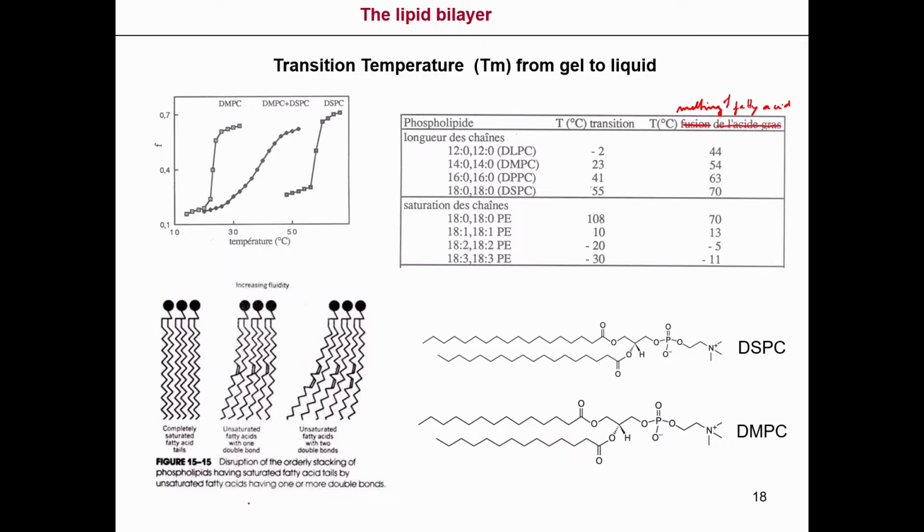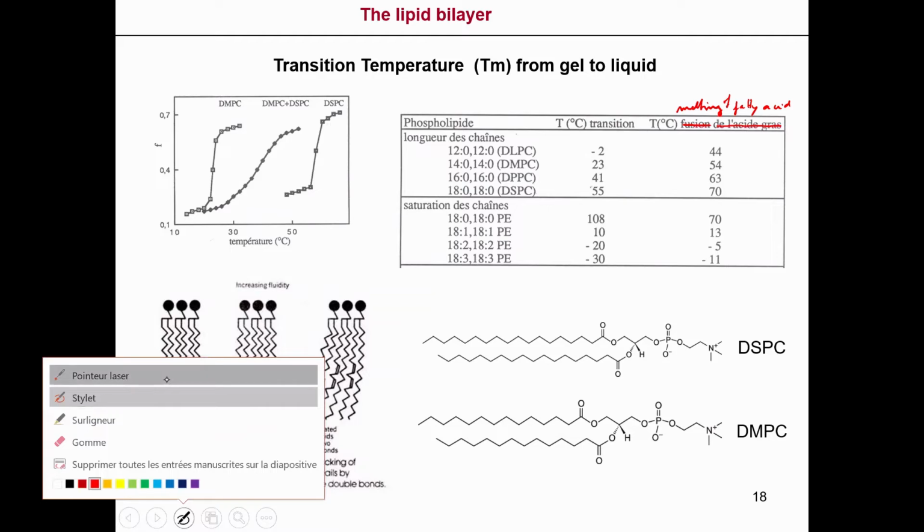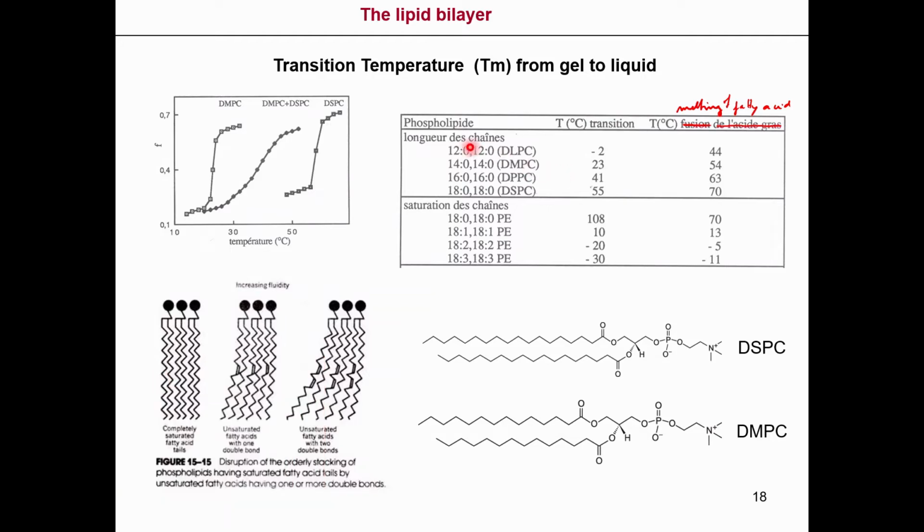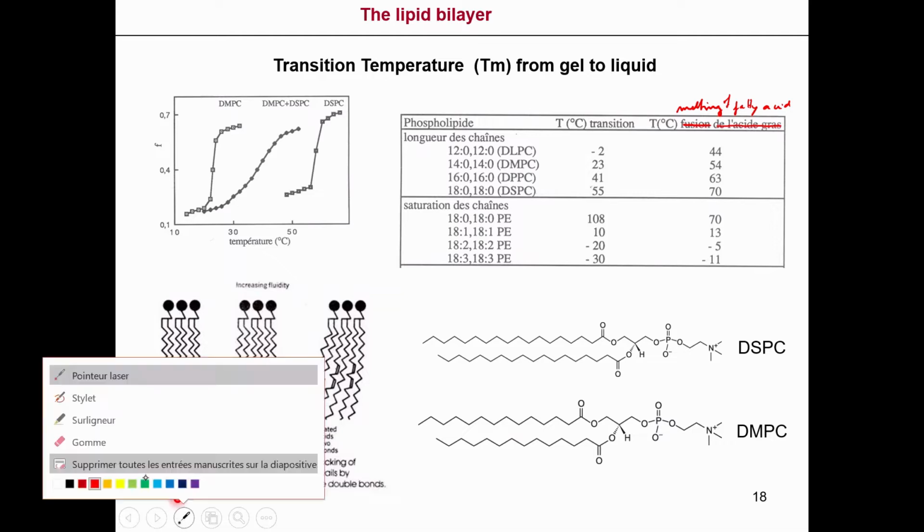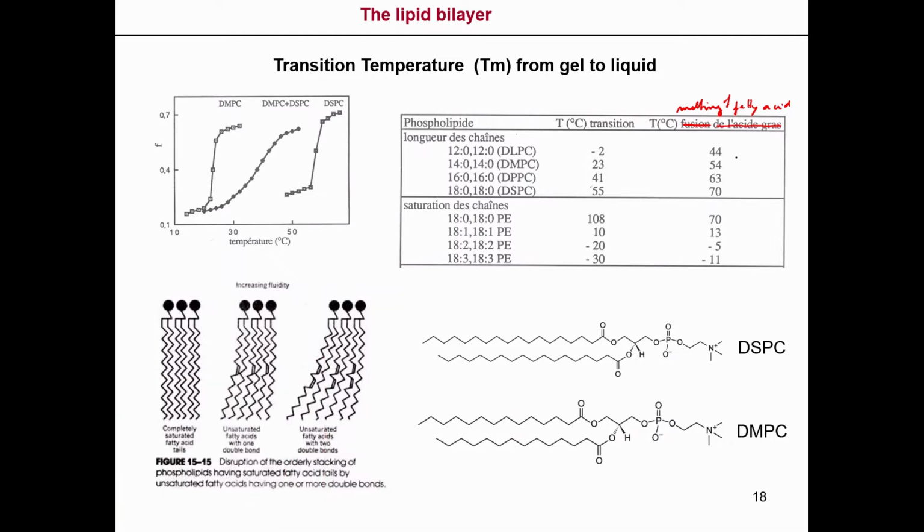And what we observe is that for saturated fatty acids, which have no double bonds, the melting temperature increases with the number of carbons.